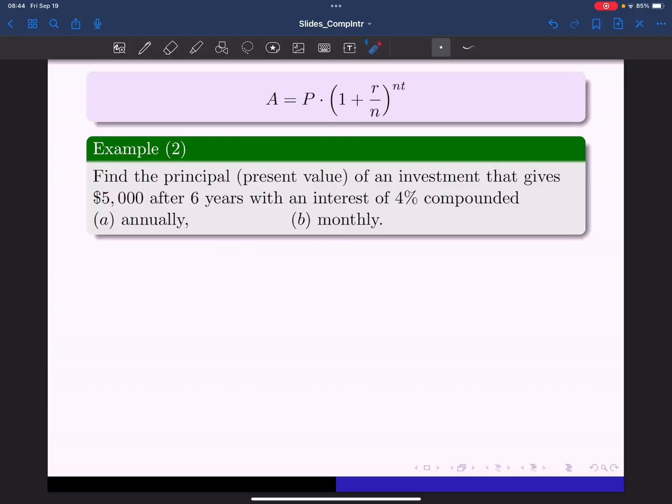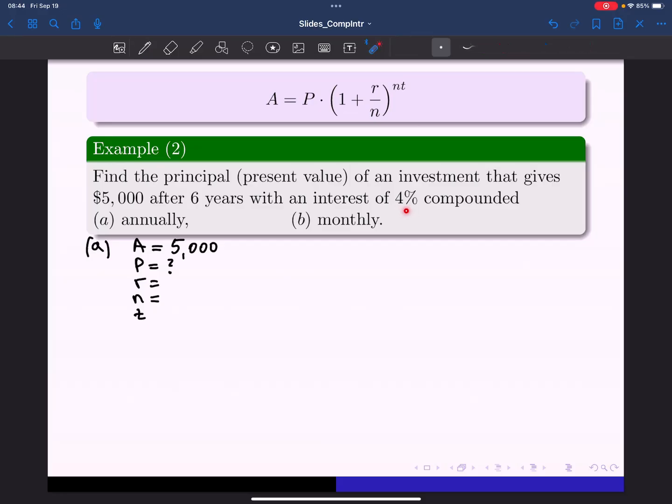So now we need to find present value, that means the P. As before, I suggest for part A that we list all the letters A, P, R, N, and T. So now we have A because that gives us the final amount, which is 5,000. So final amount is 5,000. Present value or principal we need to find.